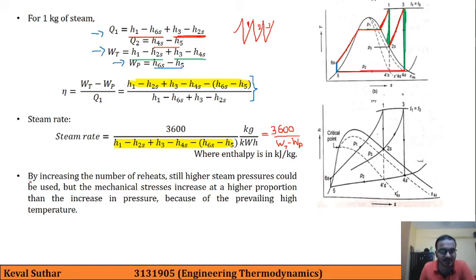So by increasing the number of reheats, still higher steam pressures could be used, but theoretically mechanical stresses also increase at a higher proportion than the increase in pressure. So suppose we take two things, that is increase in pressure and second is increase in mechanical stresses.